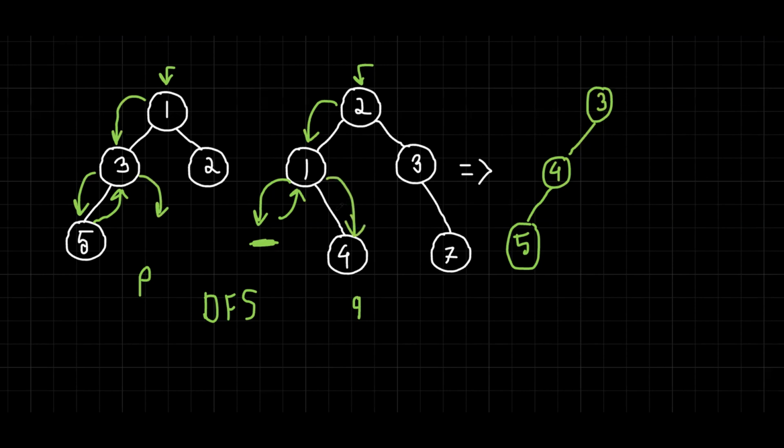Now here, we see that 3 does not have any right child, but 1 does. So we have to return the right child of 1, which is 4. That means if P does not have any right child, but Q has, we have to return the node present in Q.